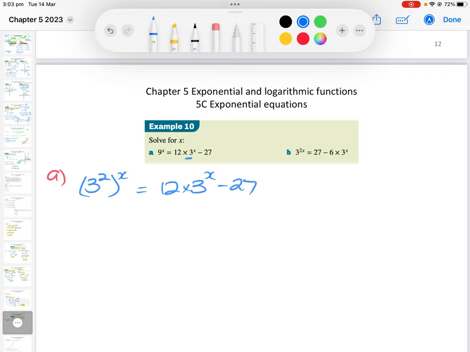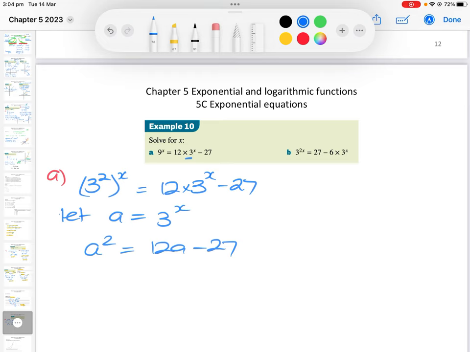So the key on this, and I know that some of you have seen it before, but you might have forgotten. Let a equal 3 to the x. So that means this becomes a squared equals 12a minus 27.